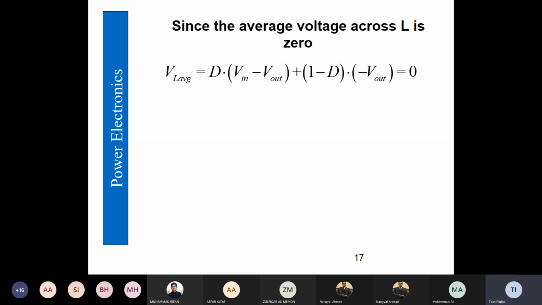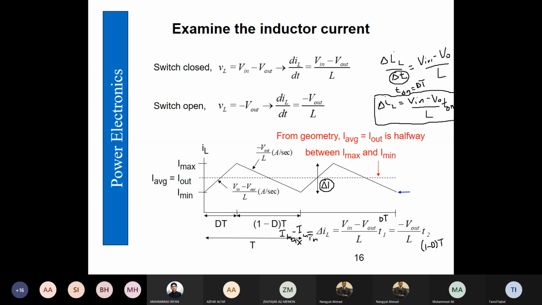So first of all, we need to find out what is going to be the voltage gain. That means how much output to input voltage ratio there is depending upon the duty cycle.